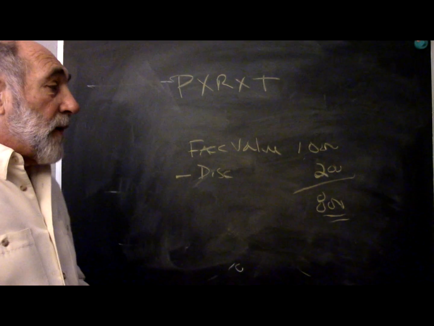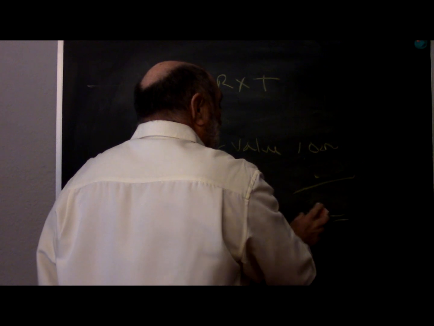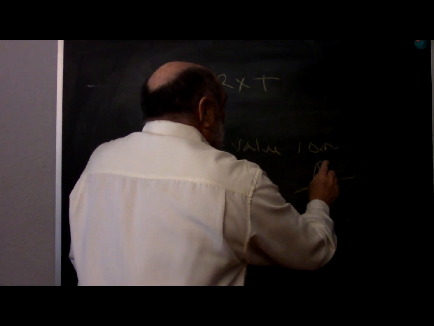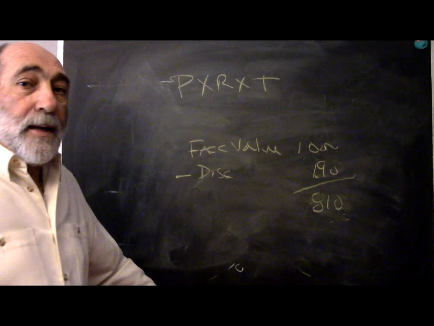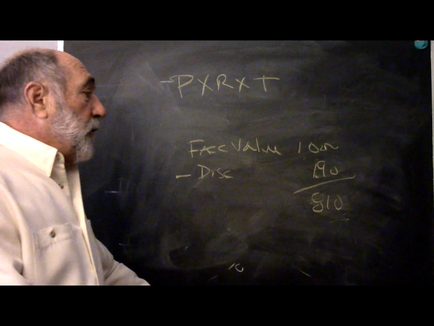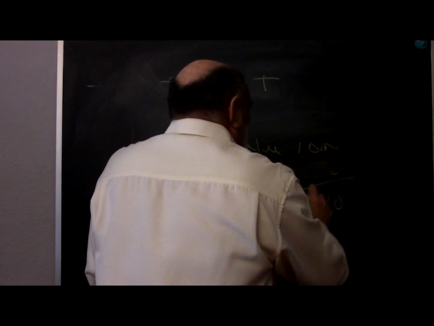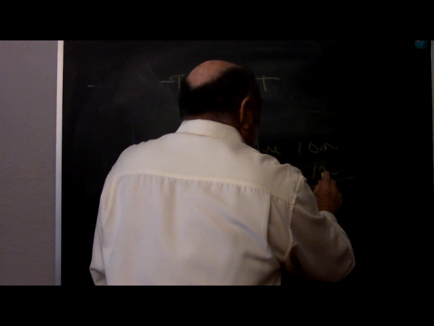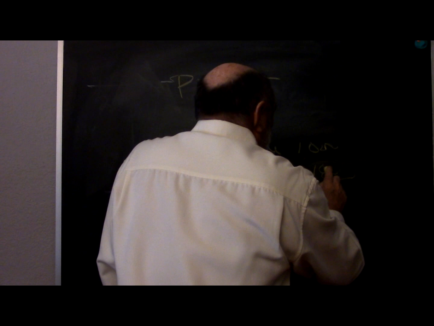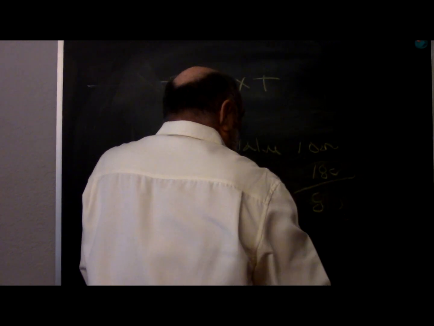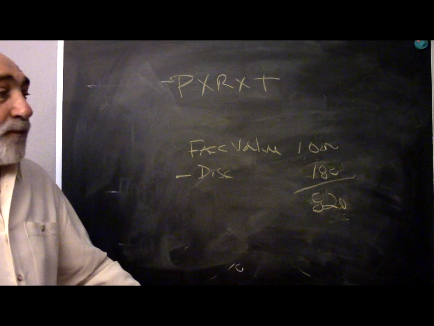After 1 year, when I've amortized that discount, my discount has dropped down to 190, and my bond has gone up to 810. At the end of year number 2, it's $10 a year, right? So this is 180, and my bond goes up to 820.